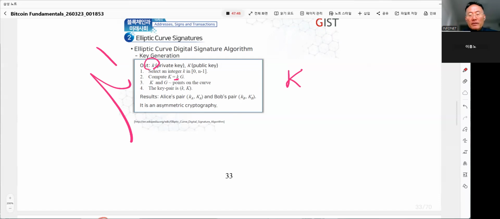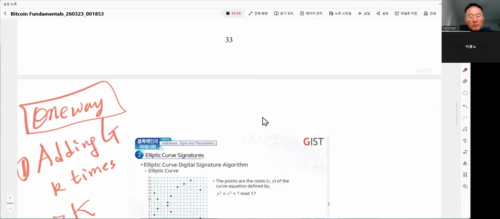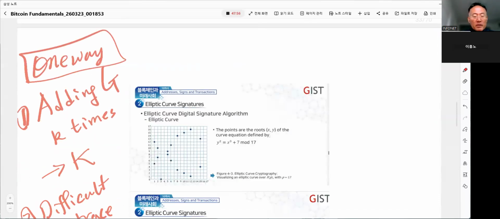So K is small k multiplied by G. G is an elliptic curve point. The elliptic curve looks something like that. You select a point as the initial number, and then you add it k times, and you finally get a point somewhere on this elliptic curve.